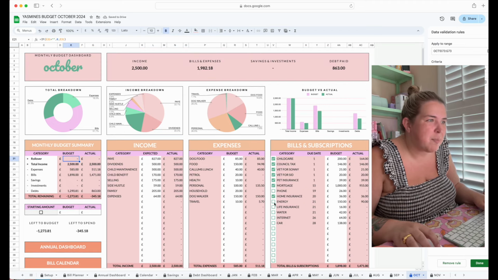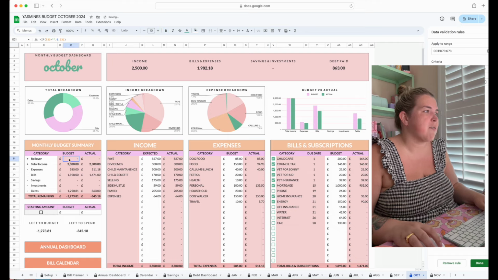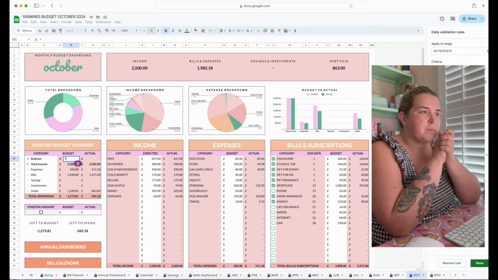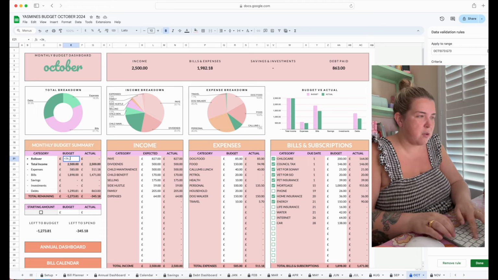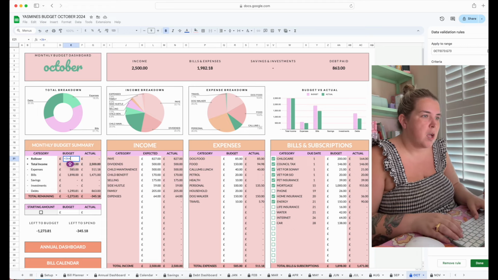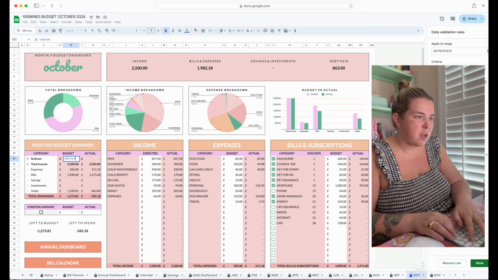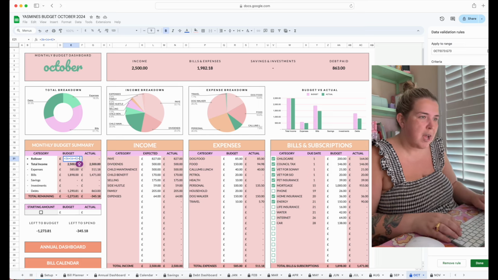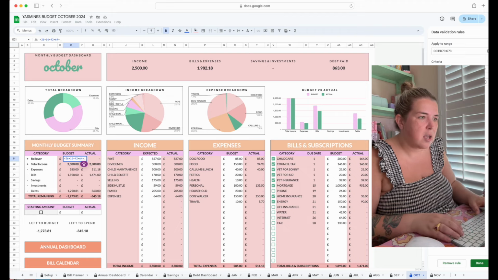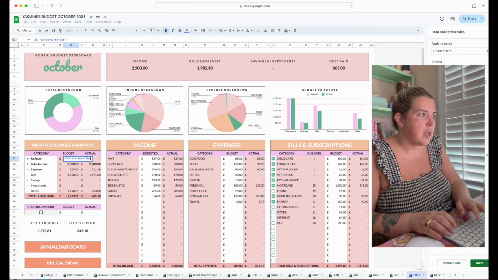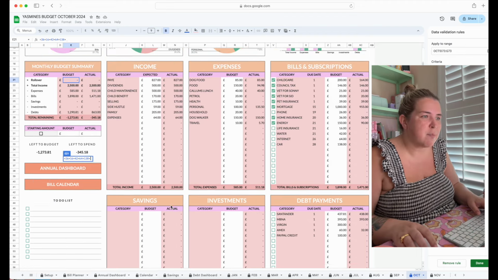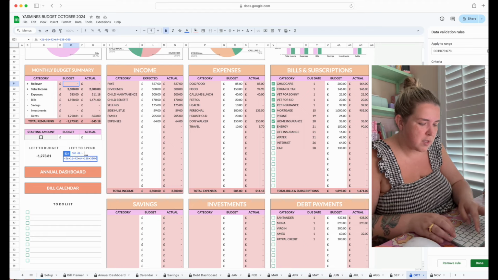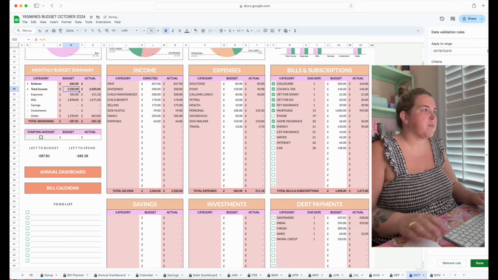So I have already paid my energy, so I'm going to tick that. Right, so I know in my budget I am putting enough money for my phone. I know I've got my money to one side for my life insurance. I know I've got my money to one side for my water and for my internet and for my car and for the debt that hasn't been paid yet, which is the Virgin card at £300 and the PayPal.